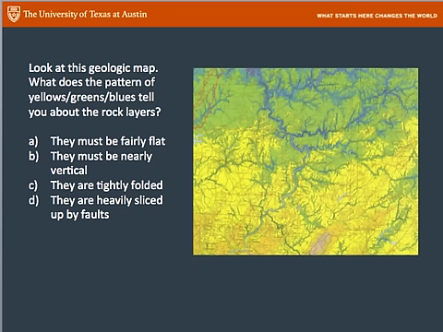So let's look at this geologic map. You can see the layers of greens and blues and yellows, and they mostly follow the topography, right? So because they mostly follow the topography, the same shape as the stream beds, we know that these must be fairly flat layers.